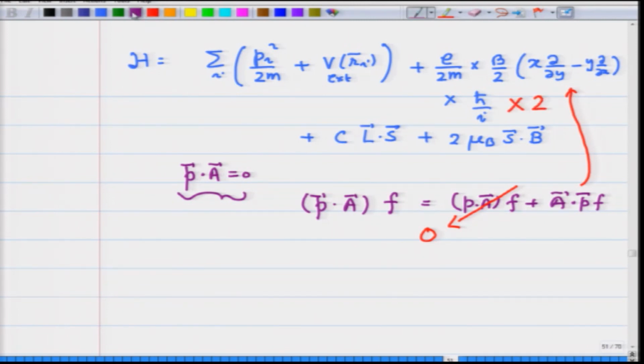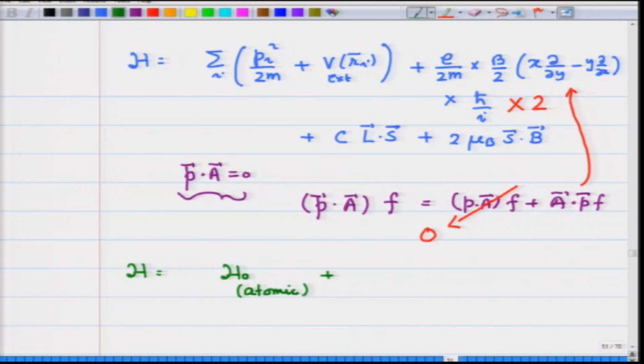So that the Hamiltonian now can be written as, the first term I am going to write H 0 or H atomic, without any spin orbit coupling.